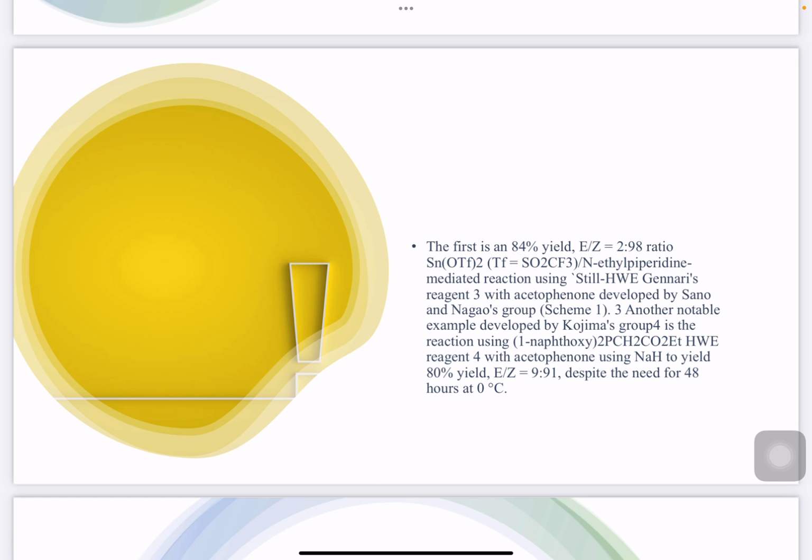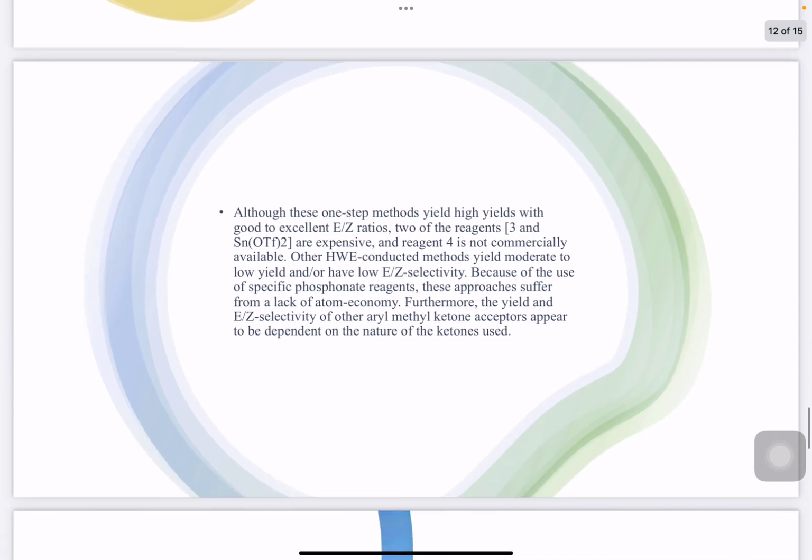So the following are the relevant reported methods for the synthesis of Z2. The most straightforward method is to use Horner-Wadsworth-Emmons HWE reactions between acetophenone and the complex HWE reagents. So the complexity of the reagents, I think, is what makes them a little bit pricey and also not commercially available.